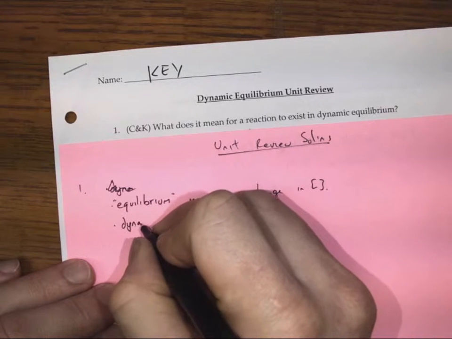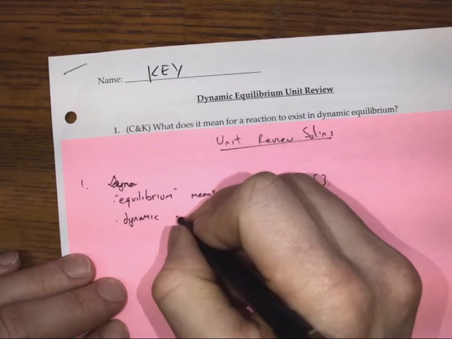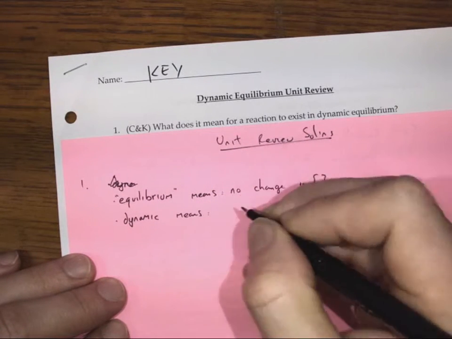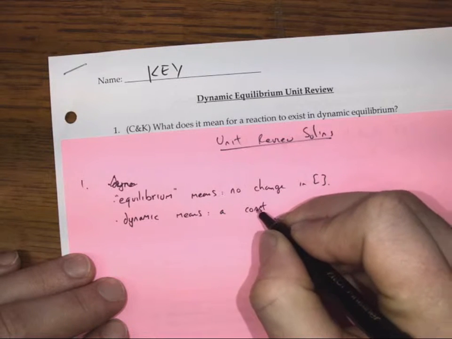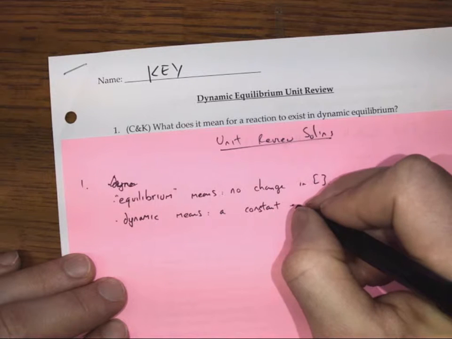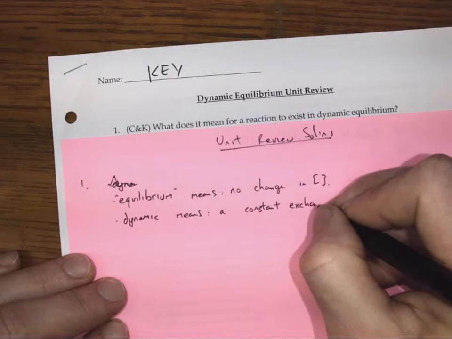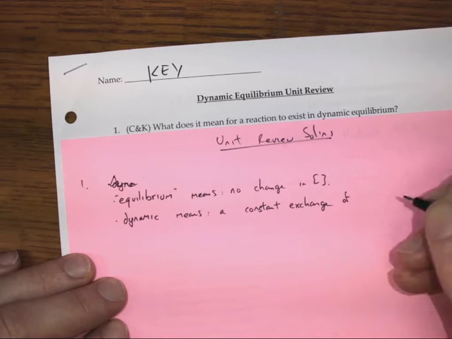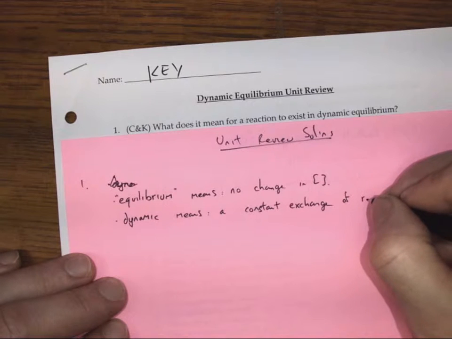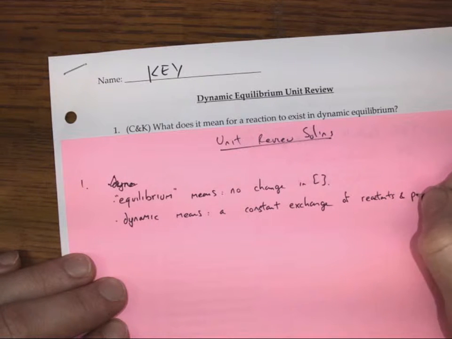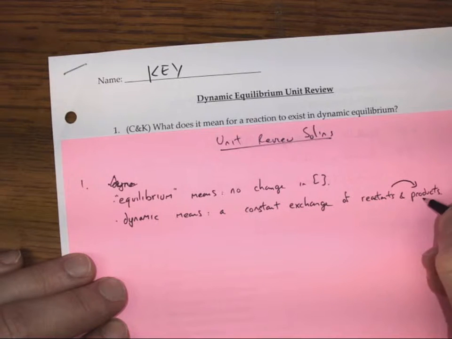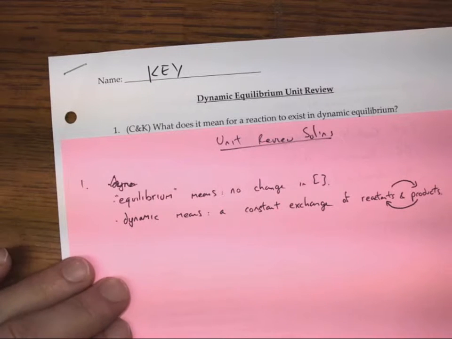Dynamic means a constant exchange of reactants and products. So reactants turn to products, and products are also turning to reactants.